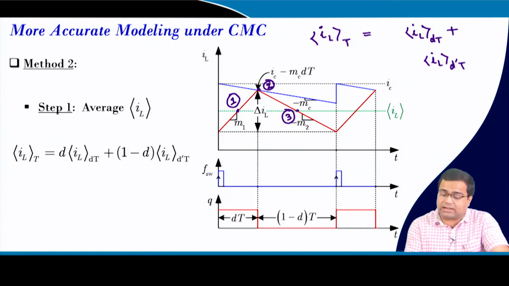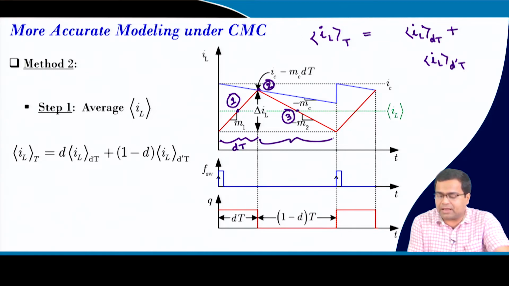But now we are taking 2 points and their weightage is, this is my dt and this is my d dash t or 1 minus dt.